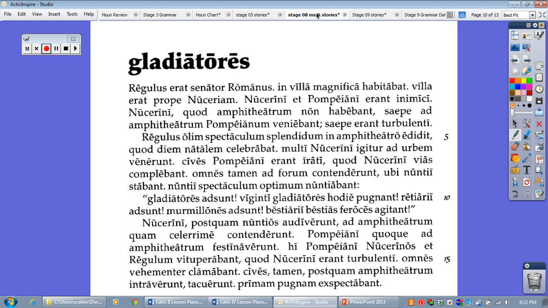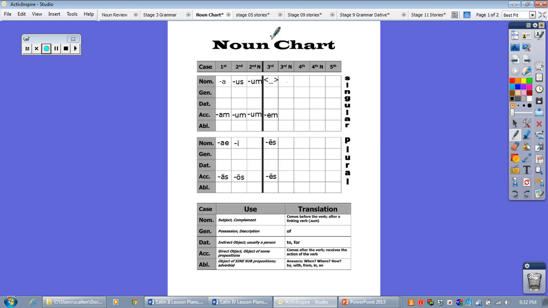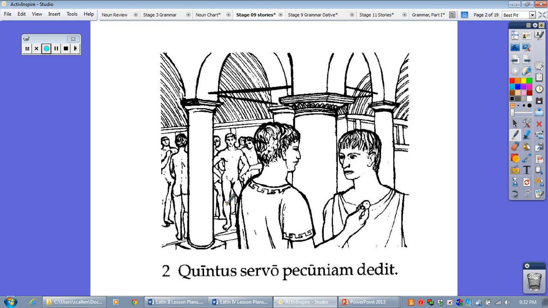So we know our subject. Let me simplify this a little bit. We know that our subject is Quintus, our direct object is pecuniam, and the last word of the sentence is almost always the verb. It's dedit here, which means gave. So Quintus gave money. That is the gist of the sentence. Now, what's this word servo doing?